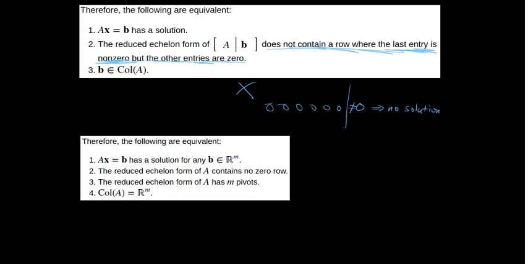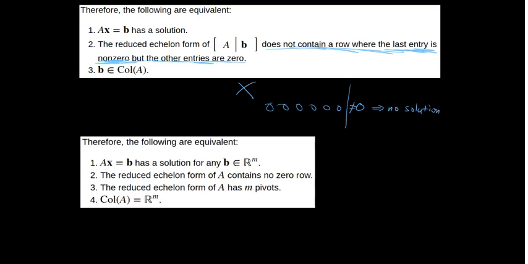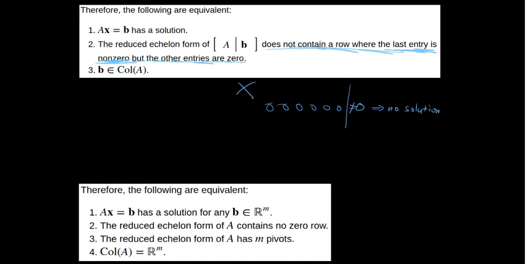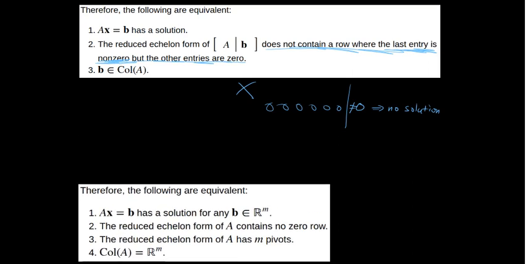But there is a special case. If all of this is okay, then there is a special case like this. Let's say R itself has no 0 row.